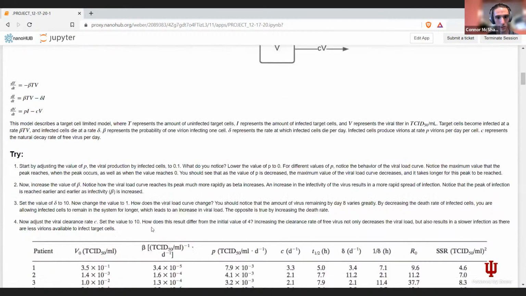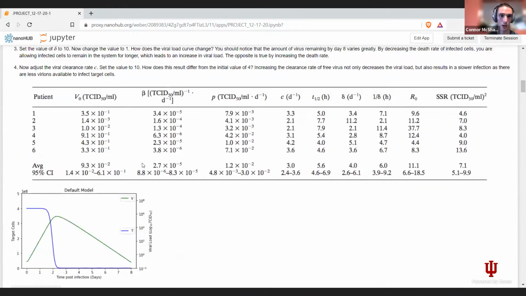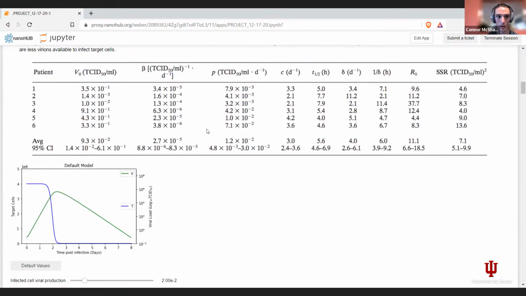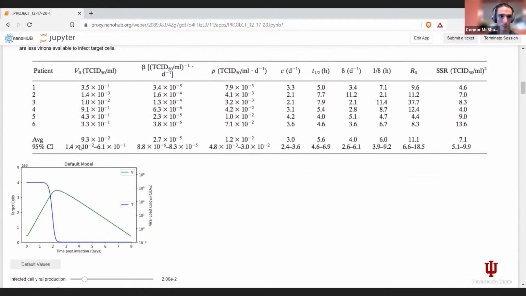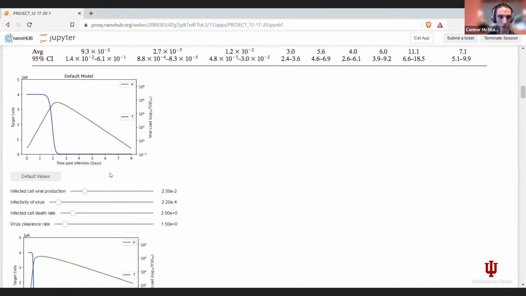And they also give, this is just a screenshot from one of the figures in the paper where they show how they get the parameter values for this default model. I have slight issues with how they set up the plots in this model. It's not a huge deal. I just found some of the axes to not be super intuitive.